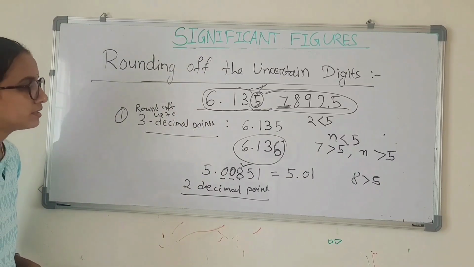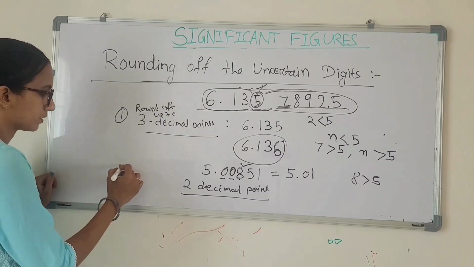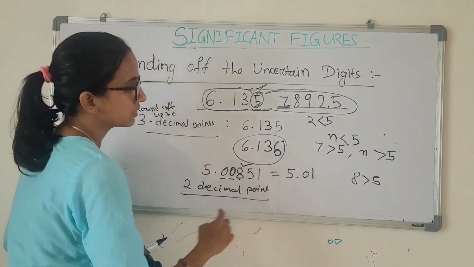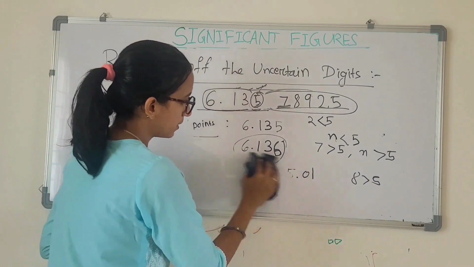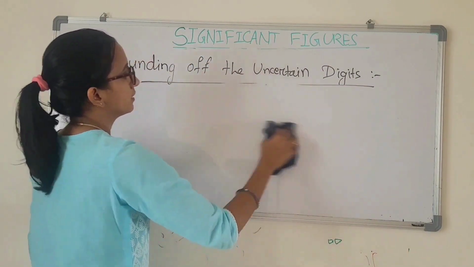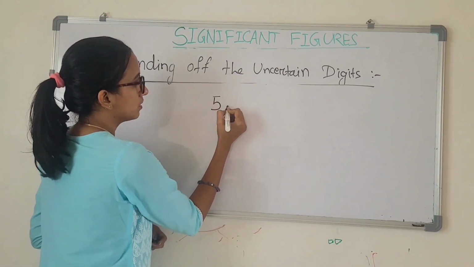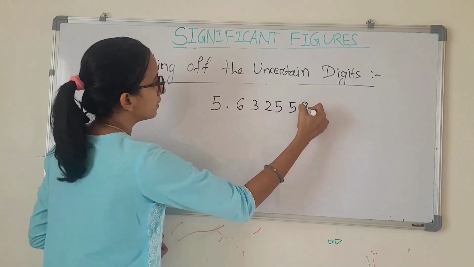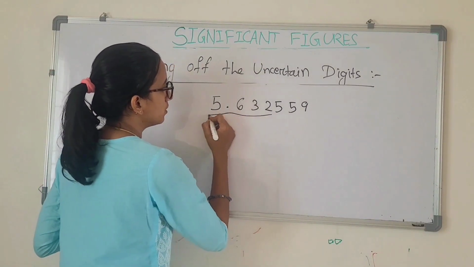And another very interesting and a little bit confusing rule is there. We saw the case when the next digit is either less or greater than 5. It is pretty simple to round in that case. But when the digit is 5 only, suppose you have a number 5.632559 and you have to round up to 3 decimal points.